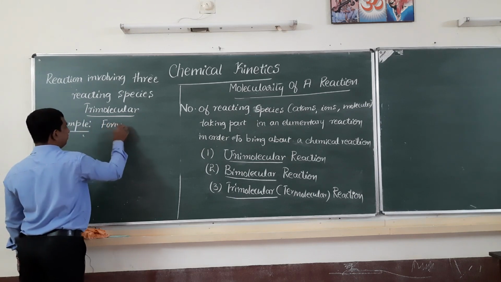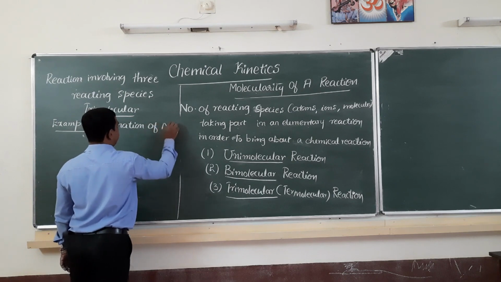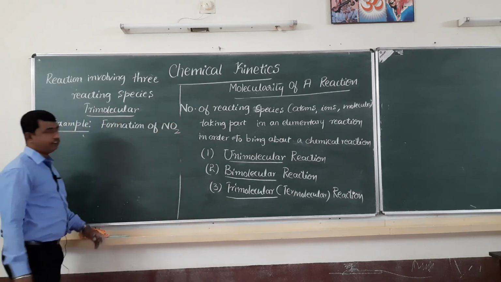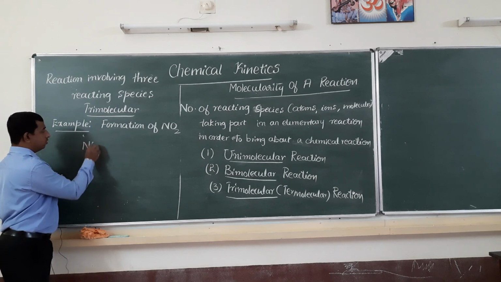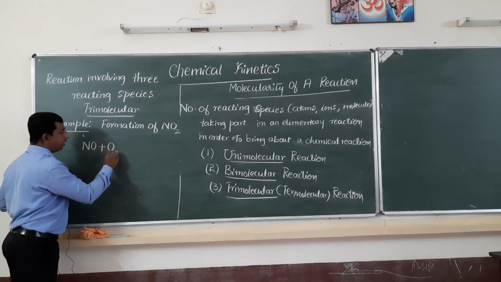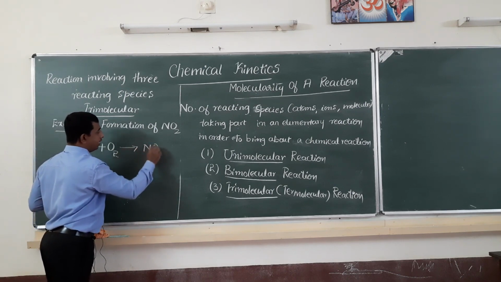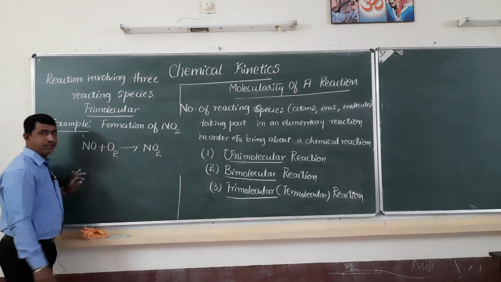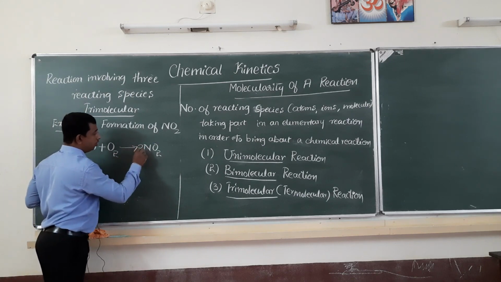Formation of nitrogen dioxide, that is NO2. Nitric oxide combines with oxygen to give nitrogen dioxide. To give what? To give nitrogen dioxide. This is 2NO plus O2 giving 2NO2.